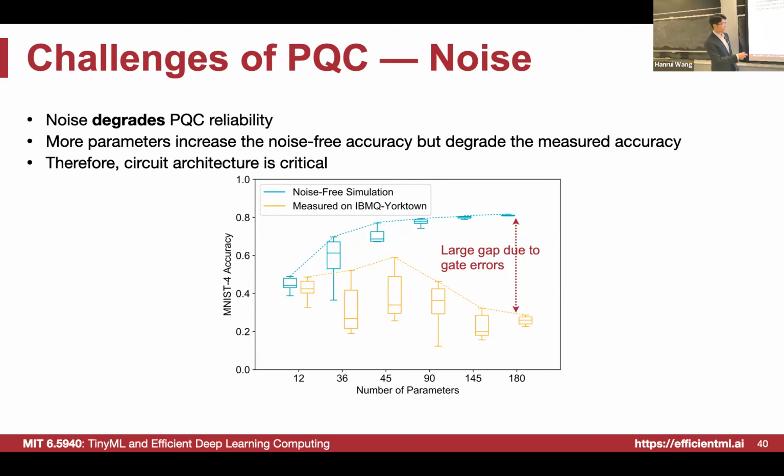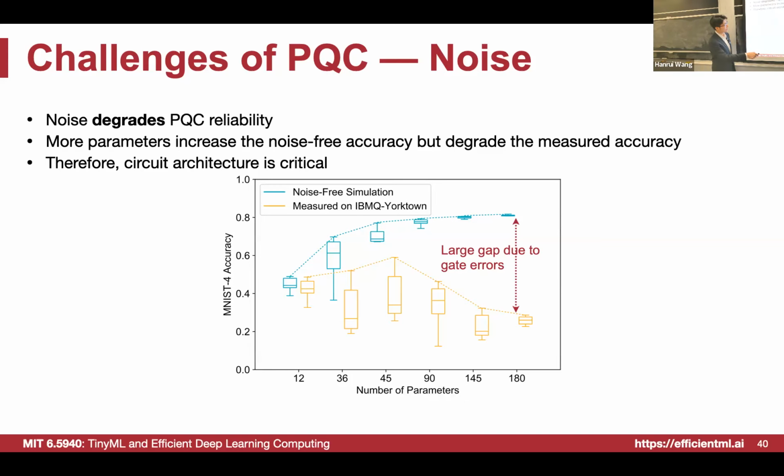So just the first challenge for the PQC, we already see a large gap between the noise-free simulation and the measured result on the actual device. It's not always better to increase the size of the circuit, because when we increase the circuit size, we also increase the noise. At some point, the benefit of a larger circuit size, for example the larger learning capacity, is neutralized by the noise introduced by those additional gates.